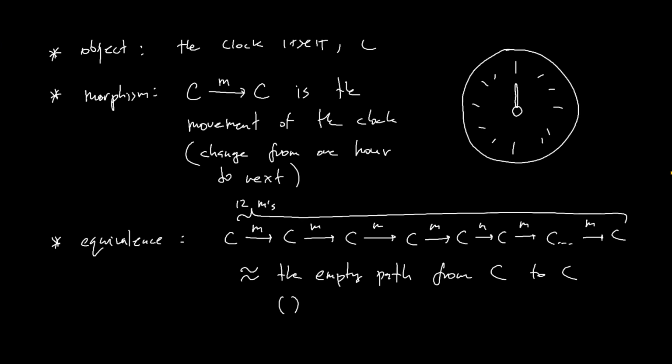So what is reflexivity? Imagine that I have a sequence of morphisms, a path of morphisms. In this case, it's only one morphism, right? So I have just a sequence of M's, and the effect of that should be the same as itself. That's kind of obvious, right?